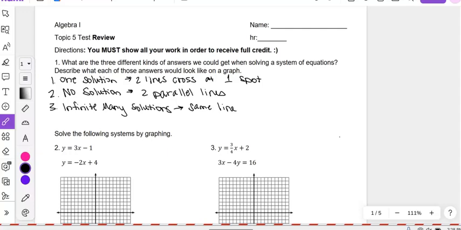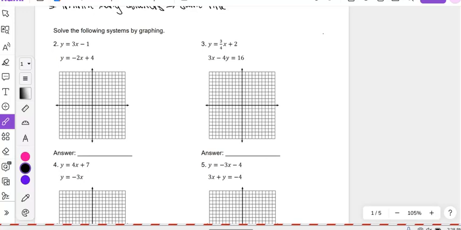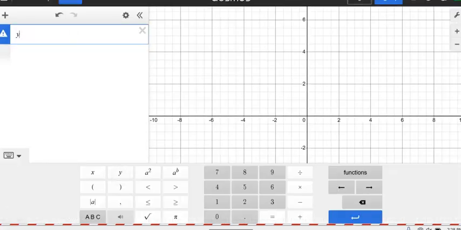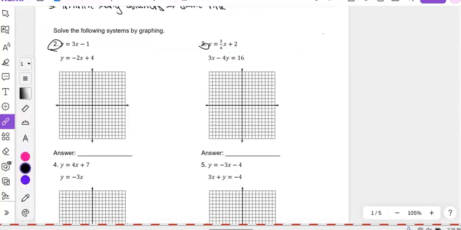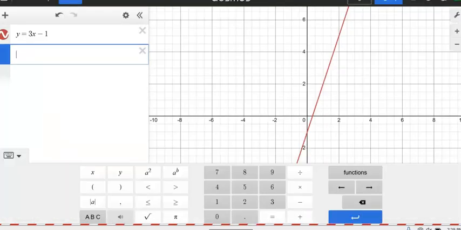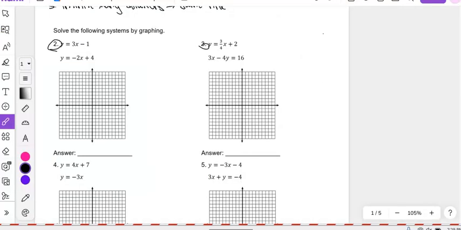This says solve the following systems by graphing. So I'll show you how to use decimals. I'm going to do 2 and 3, and that's it. So I'm going to go to decimals. I have y equals 3x minus 1, and then I have y equals negative 2x plus 4.